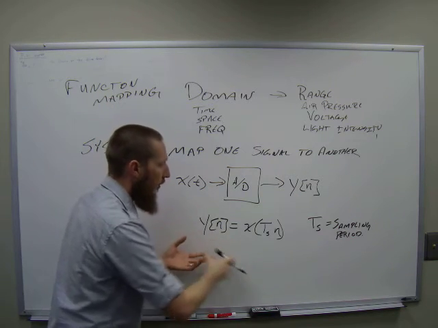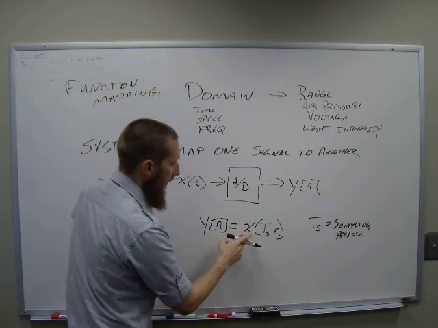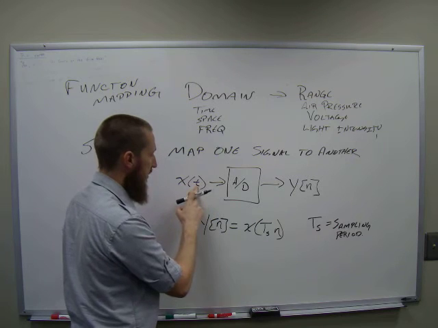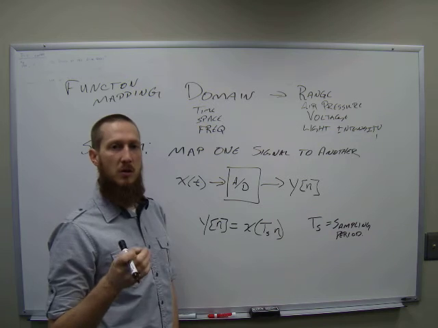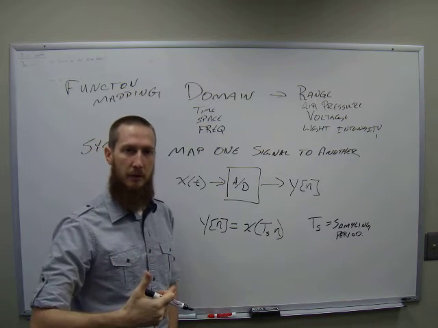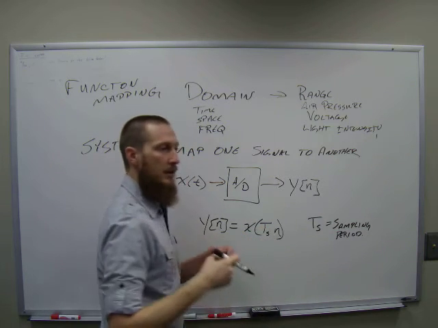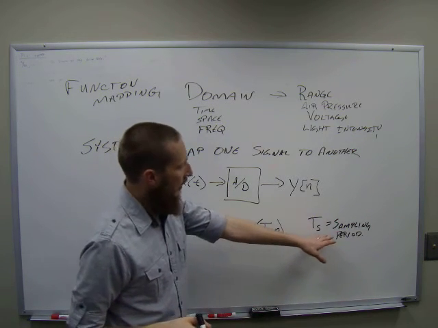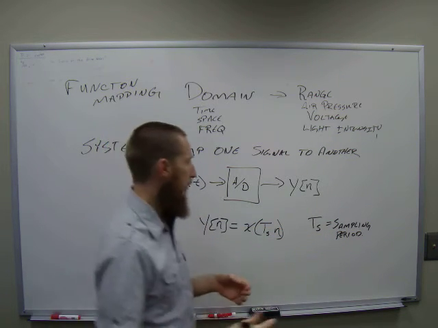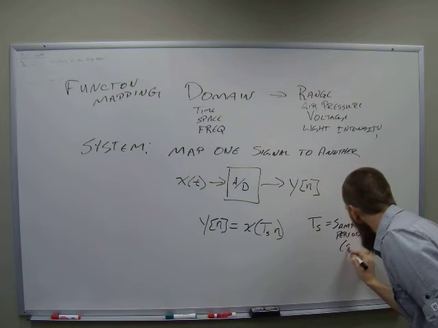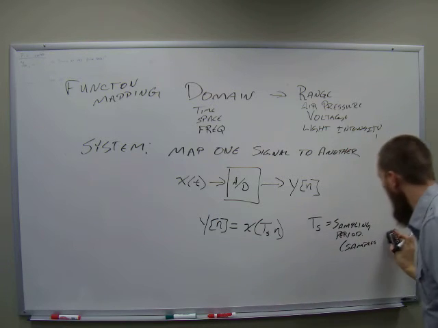So we can write an overall equation that quantifies this system, where the input, which is continuous time, is only going to be represented at values of n. N is always going to be an integer value, so this would be 0, 1, 2, 3. T sub s is a conversion factor, really. Sample period, this is how many seconds we go before we sample. So this unit is seconds per sample.